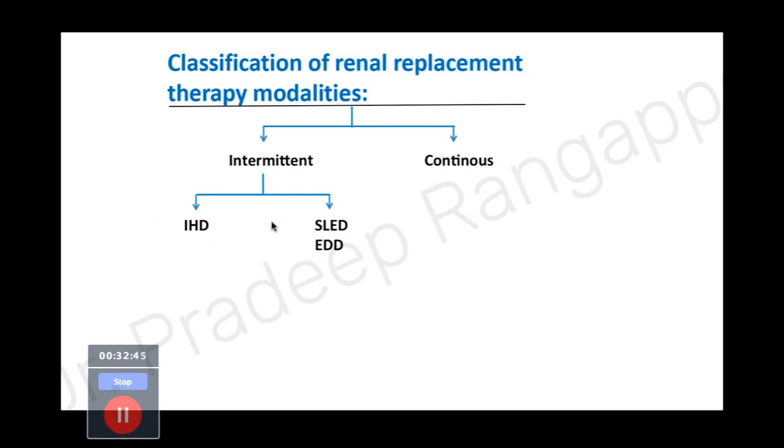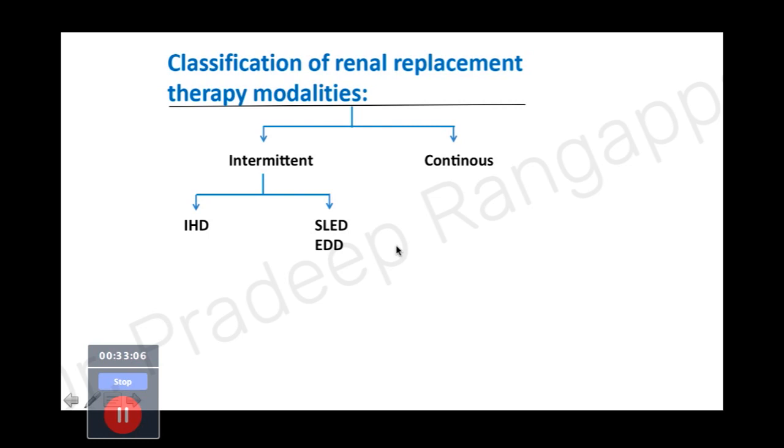And the second one is low efficiency dialysis or extended duration dialysis. This is typically what you would see in the ICU, where patients with AKI or AKI on CKD come, where dialysis is initiated for the first time and they have hemodynamic instability. We'll put them on low efficiency dialysis.